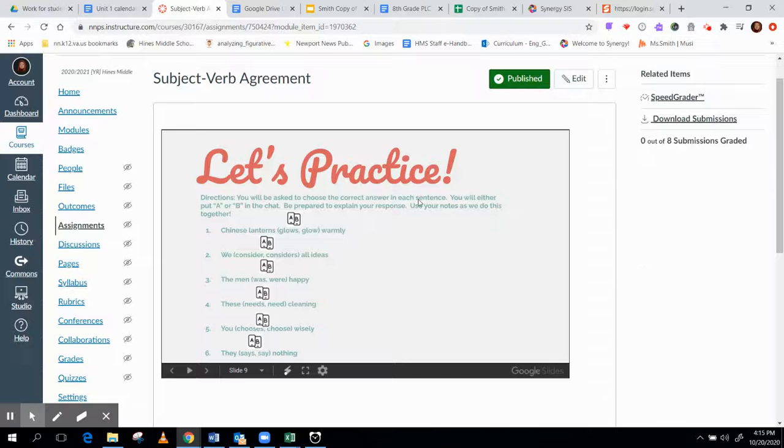On slide 9, you have a little practice activity. You are to read the sentence and correct the sentence by putting the correct verb in the sentence.